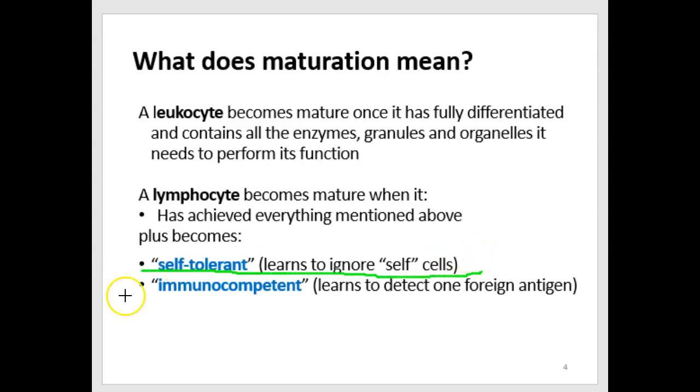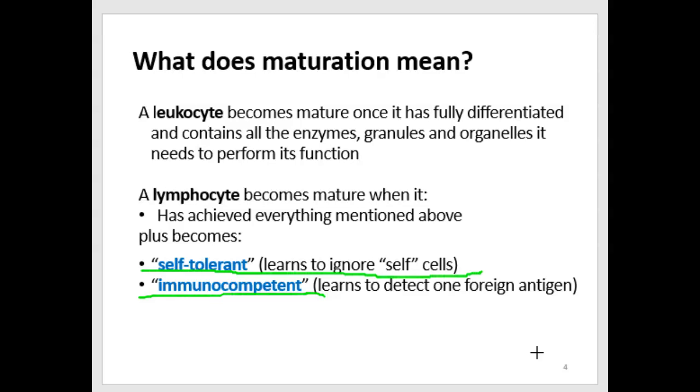It also needs to become immunocompetent. What that means is that each T lymphocyte or B lymphocyte needs to learn to detect only one foreign antigen, not multiple foreign antigens. So we have a set of lymphocytes that recognize smallpox and another set of cells that recognize a rhinovirus.